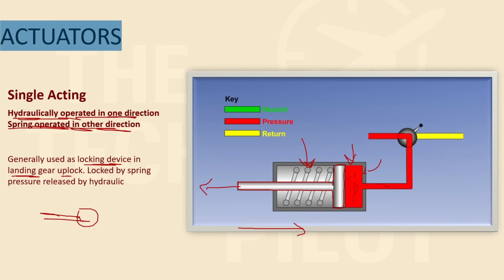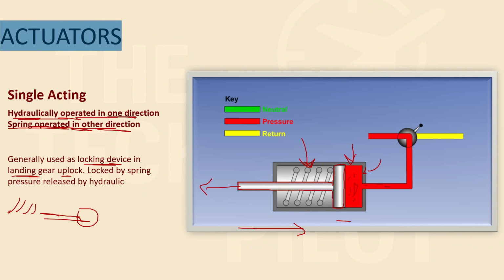So you don't want to constantly supply hydraulic pressure just to keep it in the retracted position, right? So that is why the spring pressure will be able to keep it in that direction.